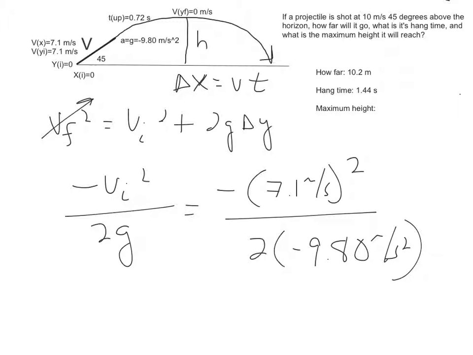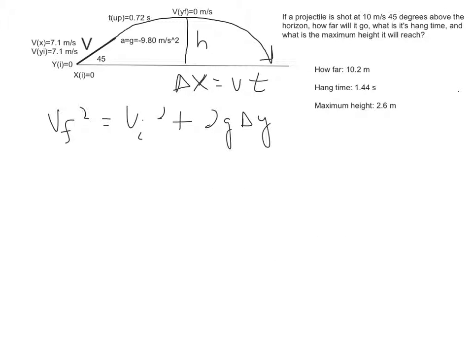The negatives, of course, cancel out, and I get a maximum height, or a delta y, equals 2.57. So we'll say 2.6 meters. So the maximum height that it's going to reach is 2.6 meters.